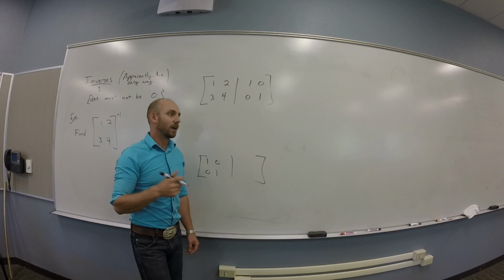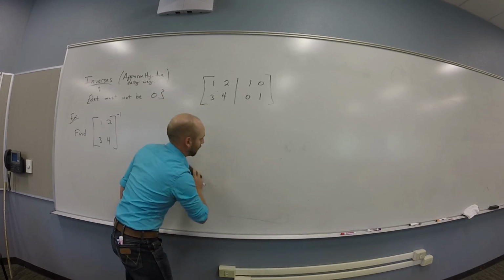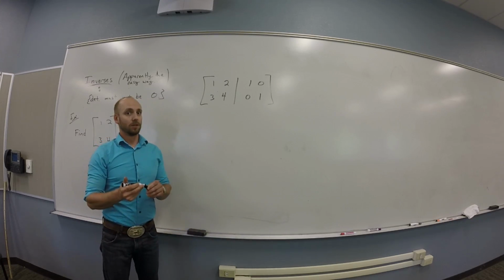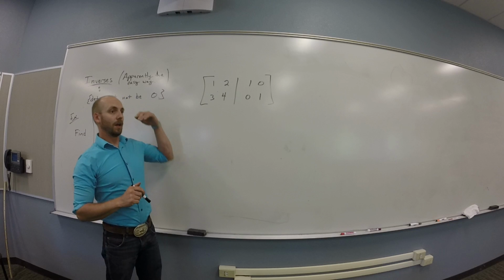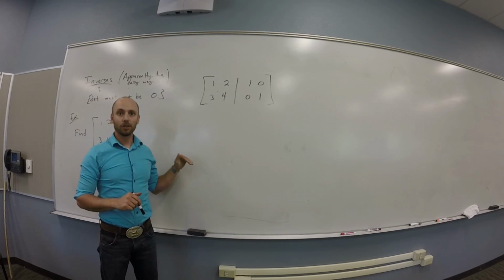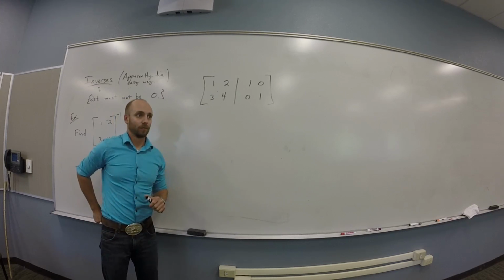Cool? All right, so I'm going to make this happen. And it doesn't matter which way you do this, okay? As long as what you're doing is valid row operations, you can pick and choose those operations and it'll be totally fine. Cool?